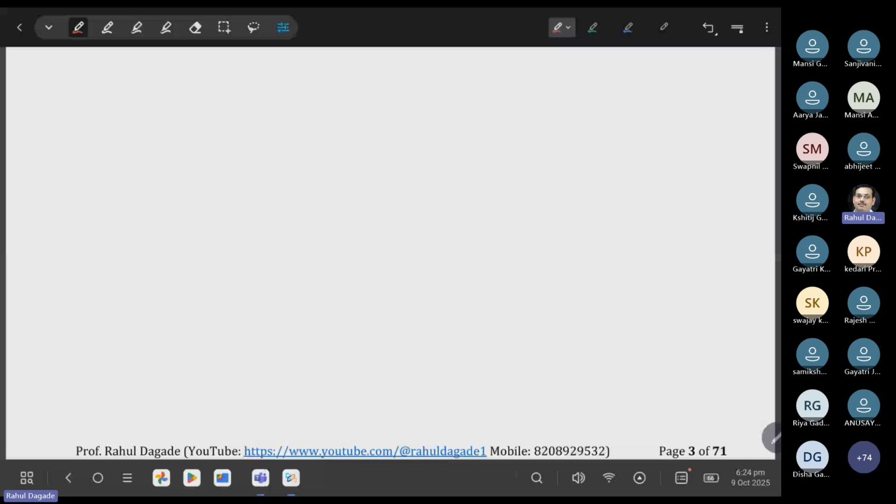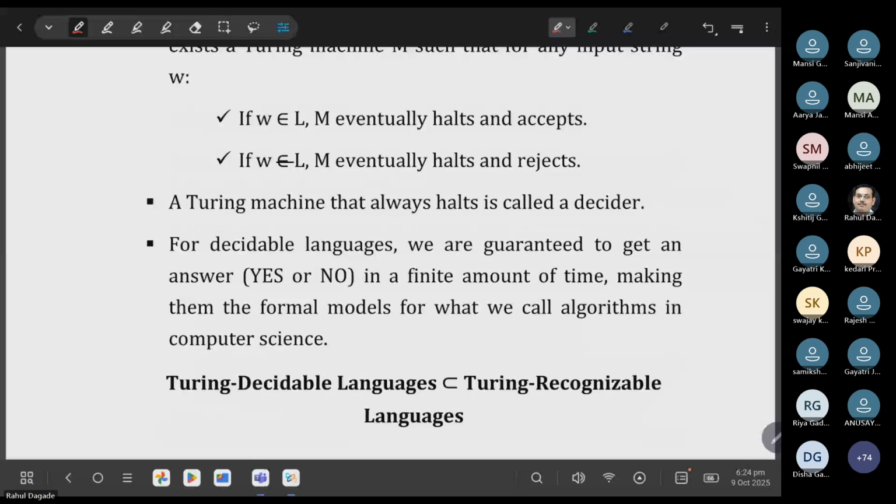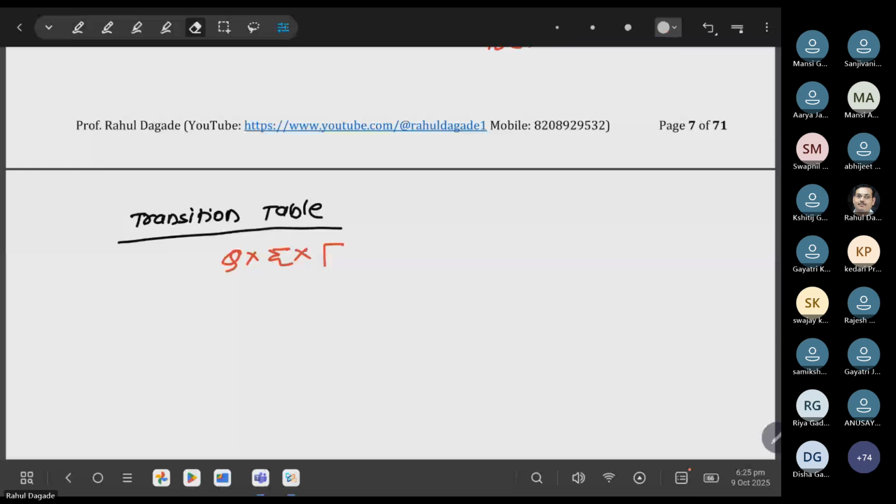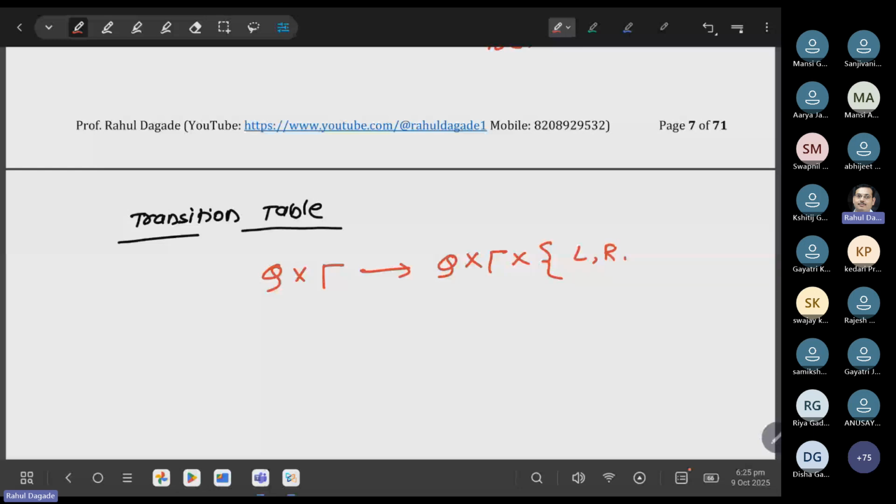That is our transition function. So let us write that: Q cross tau gives Q cross tau cross left, right, or no movement of pointer.